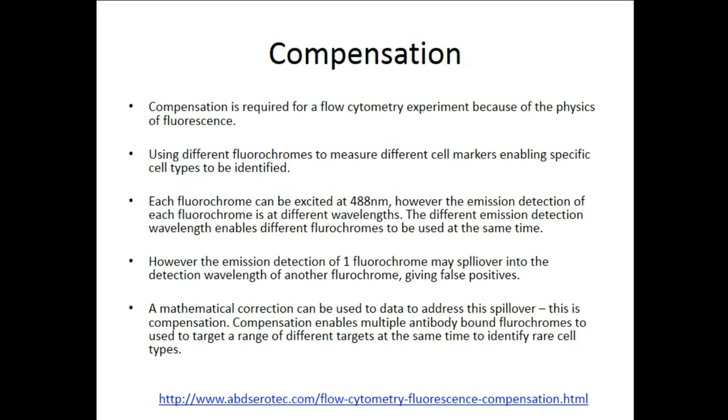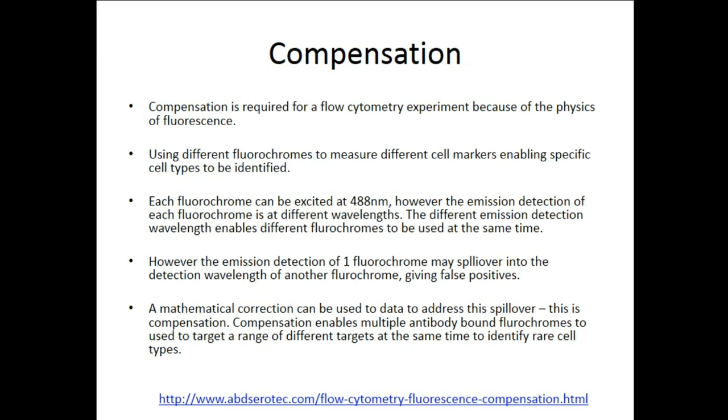Using the different fluorochromes to measure different cell markers, enabling different cell types to be identified. Each fluorochrome can be excited at 488. However, the emission detection of each fluorochrome is at different wavelengths. The different emission detection wavelength enables different fluorochromes to be used at the same time.